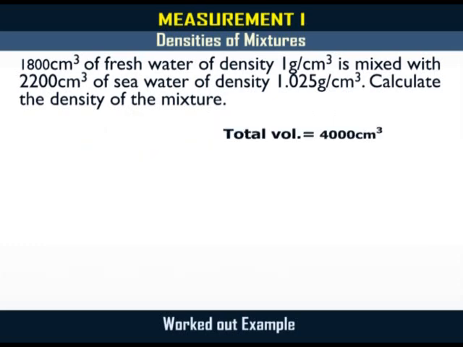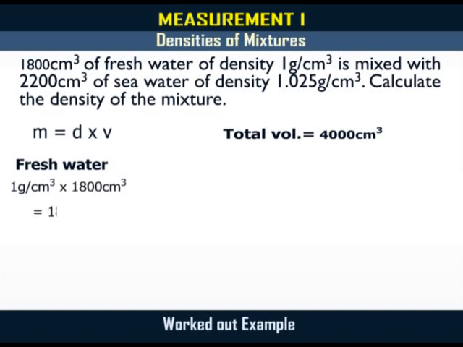Since density is equal to mass over volume, mass is equal to density times volume. So mass of the fresh water is equal to 1 gram per cubic centimeter times 1,800 cubic centimeters. That gives us 1,800 grams. Mass of the seawater is equal to 1.025 grams per cubic centimeter times 2,200 cubic centimeters.